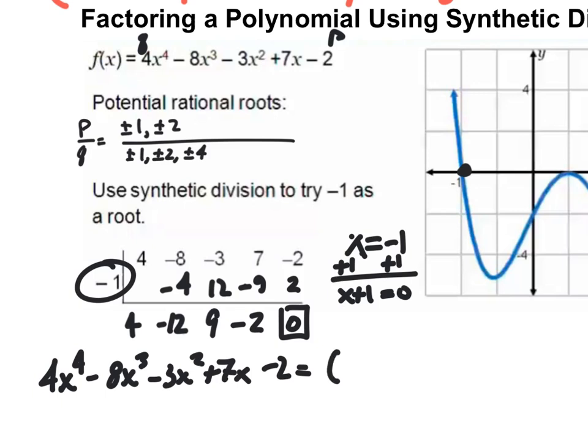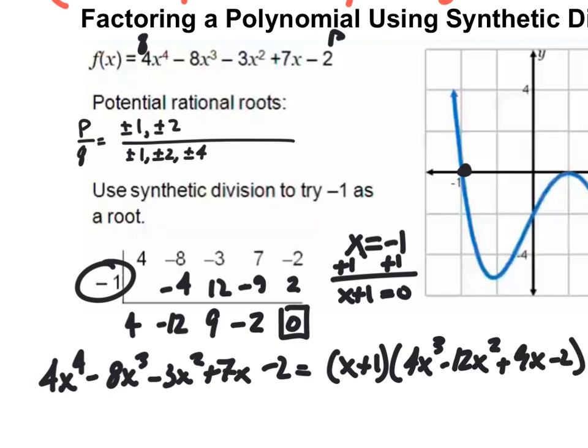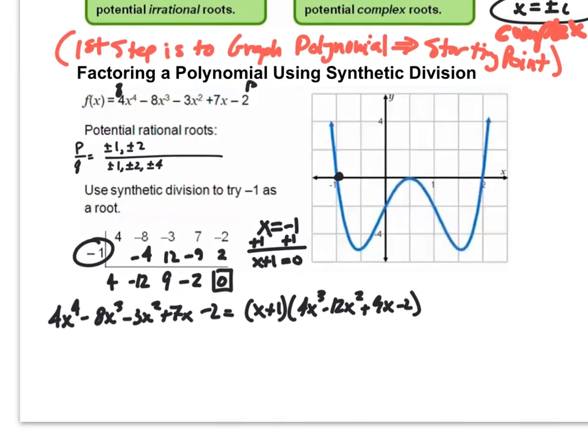So I factored this out, and this is x plus 1. Now my remaining polynomial down here is 4x cubed minus 12x squared plus 9x minus 2. And that's what I'm looking for. I'm looking to factor this.